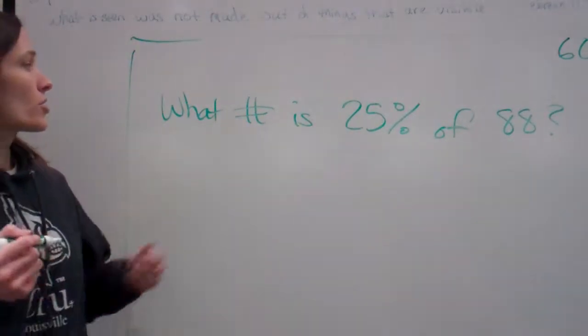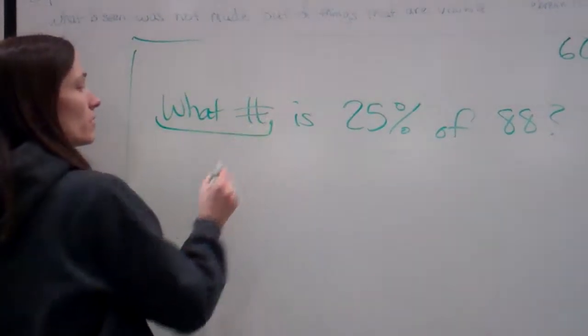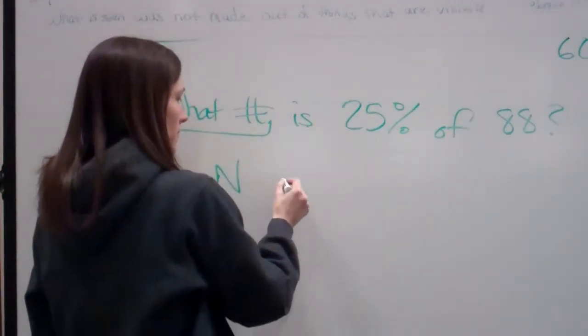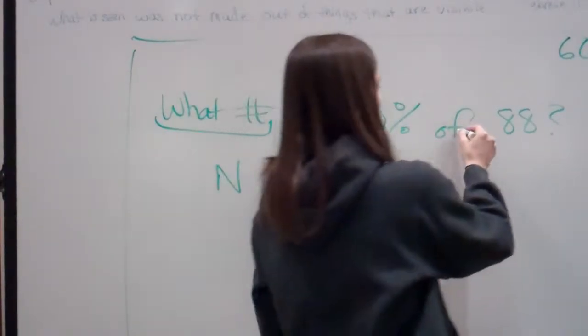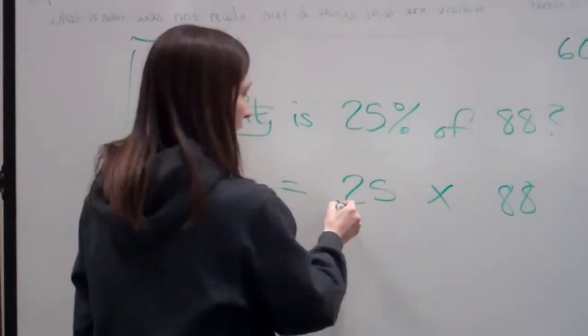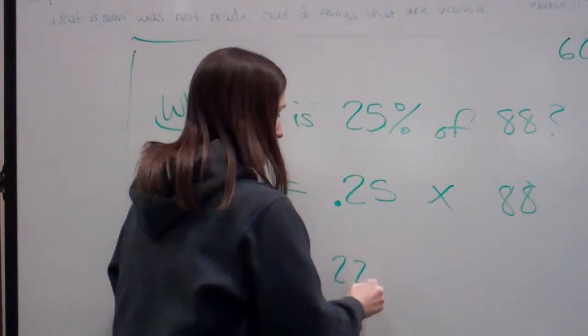Okay? So what would I have changed this to? Number is going to become equal. 25% is going to become 0.25. Of is going to become times. And 88. And when we do 88 times that, what did y'all say y'all got? 22. You're exactly right.